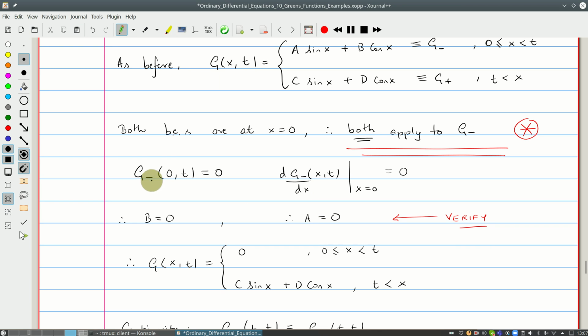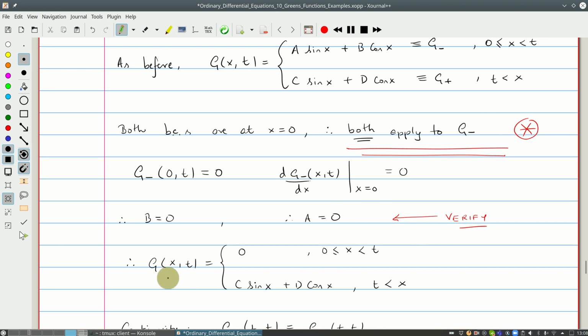So g minus of 0 comma t is 0. This, by the way, means b is 0. And the derivative of g minus at x is 0 is 0, which means a is 0. Please verify that these two are indeed the solutions.